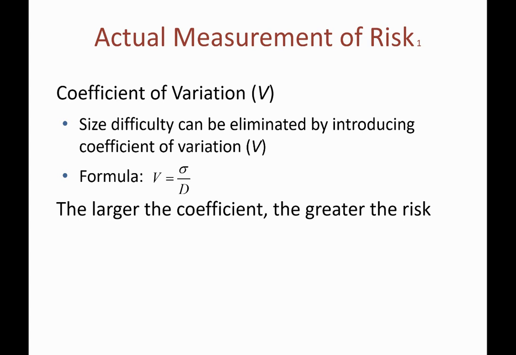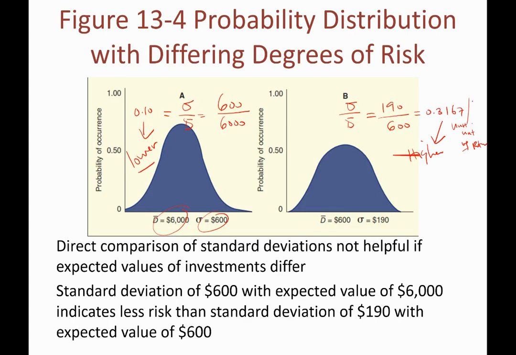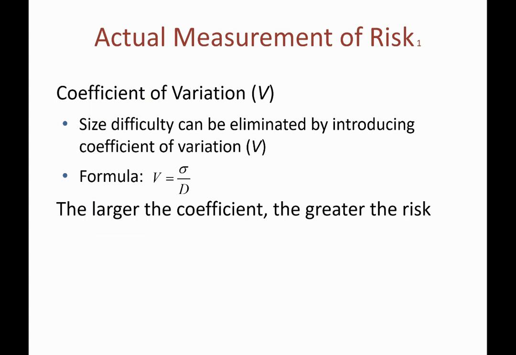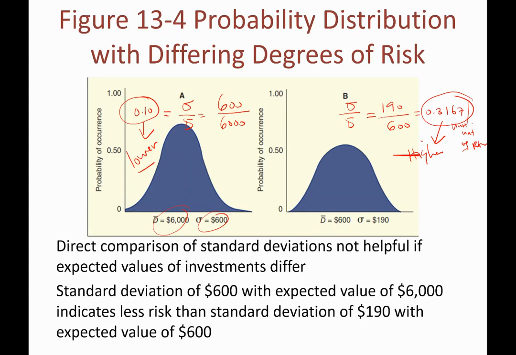Again, if we just use the coefficient of variation concept, then we know that the larger the coefficient, the greater the risk. And if I take you back to my computation here, the values were 0.3167 and 0.10, and therefore the 0.3167 is higher than the 0.10, and therefore investment B has a higher risk than investment A. So you use this method, the coefficient of variation, especially if you find out that you have different standard deviations for projects and the returns are also different.